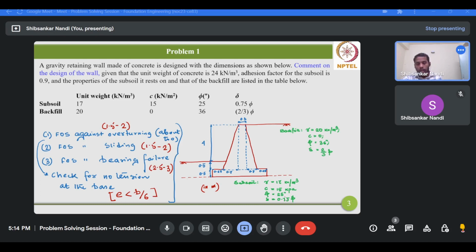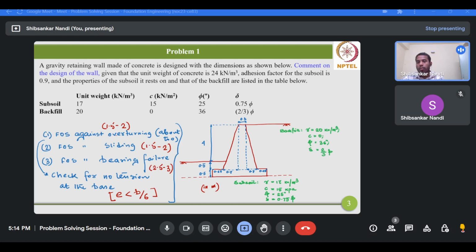Now last class we had discussed a little bit about the various design checks which we should perform before commenting on the design of the wall. And these design checks are, first of all, we have to determine factor of safety against overturning, whether the wall is safe against overturning or not.